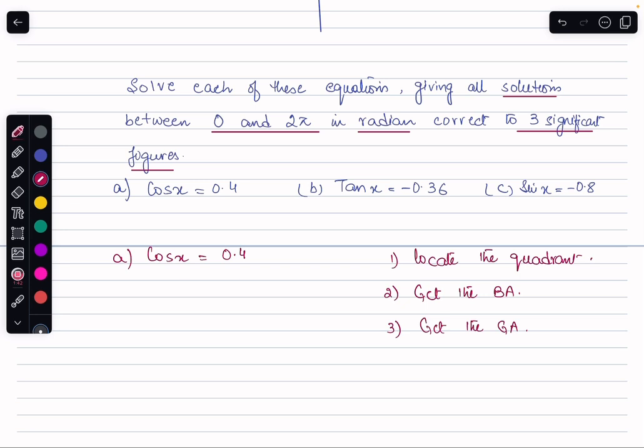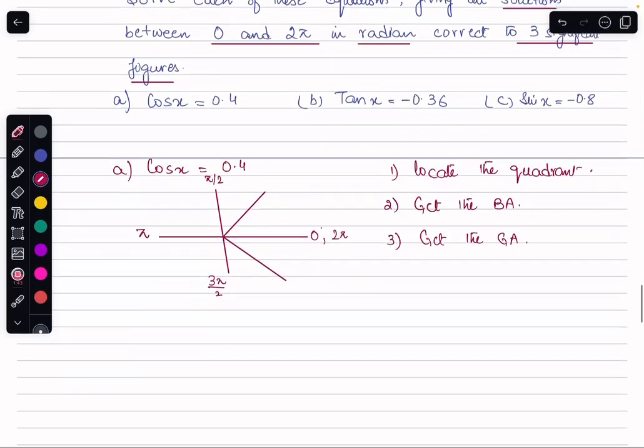Cosine here is positive, meaning it has to be in the first and the fourth quadrant, where my cosine values are positive. So this is 0 radian, then pi by 2 radian, then pi radian, then 3 pi by 2 radian, and finally 2 pi radian.